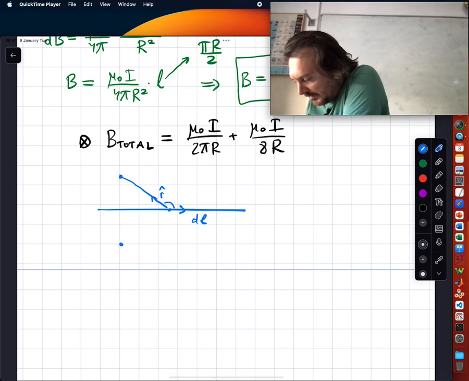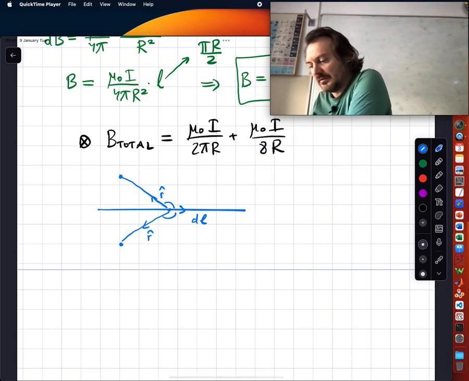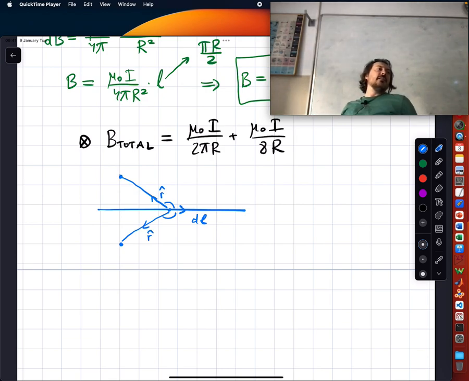If I choose a point here, then it's pointing there, and it's less than 180. So it's always less than 180 because your r is always in the same direction, to the center.